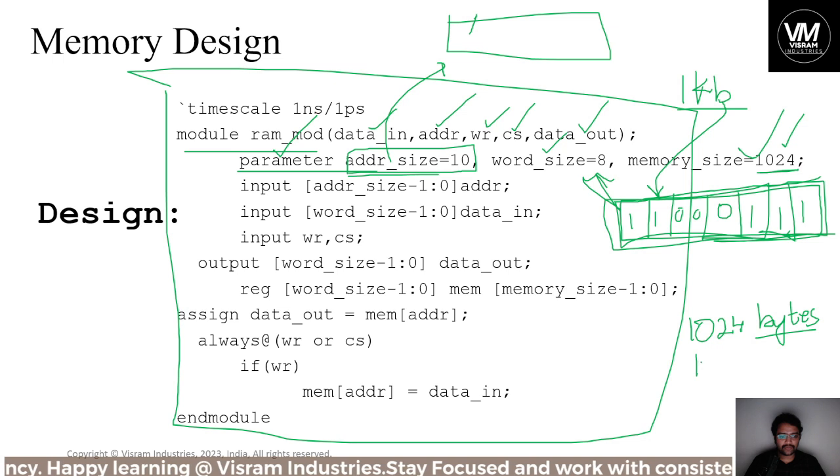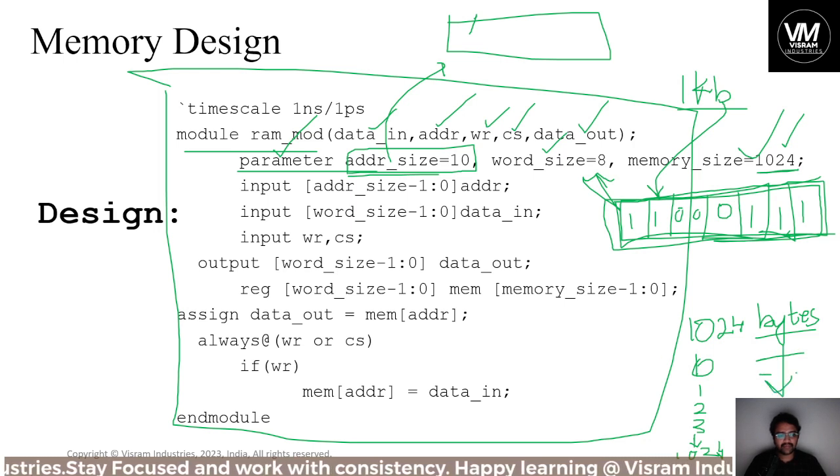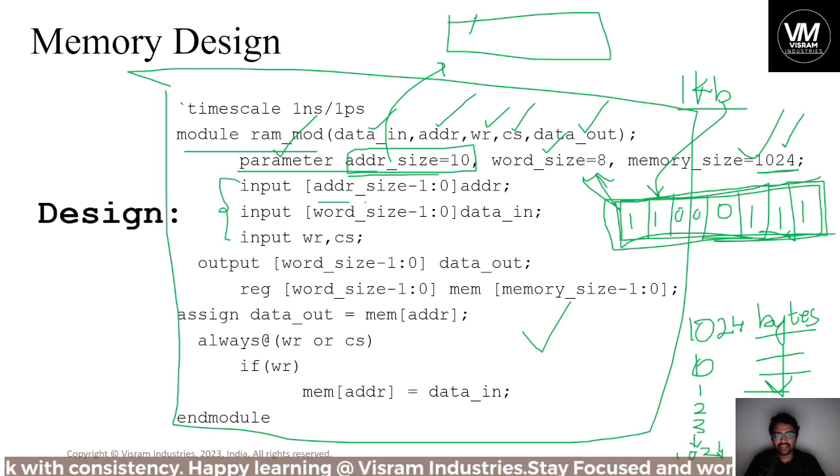In 1024 locations, starting from 0, 1, 2, 3 and so on. Got it? So in this number of bytes, each location has its own data. Got it, guys? This is the simple representation, and after that you have to mention input and output, and this is a representation in terms of parameter. Good representation.